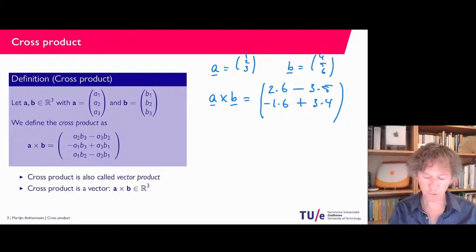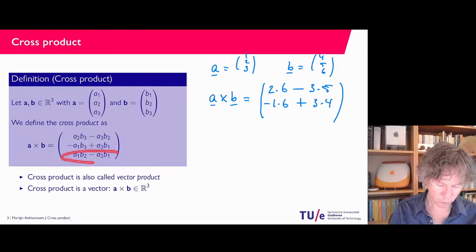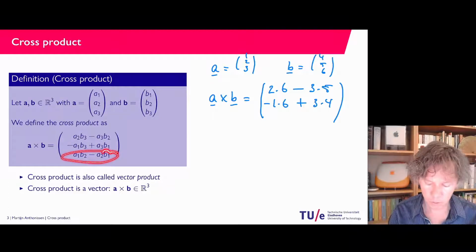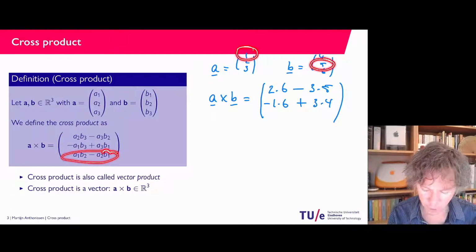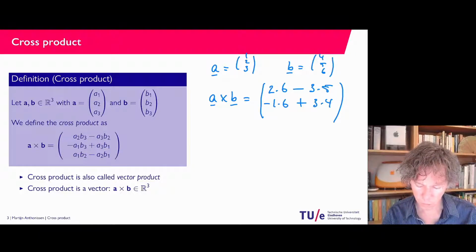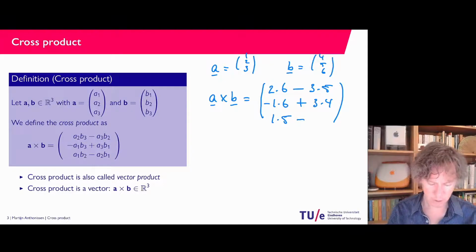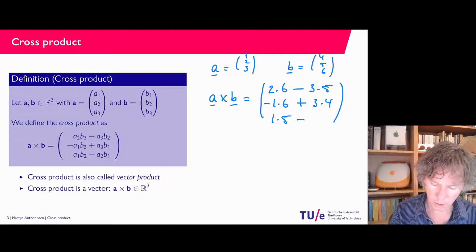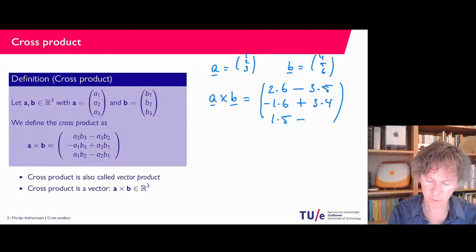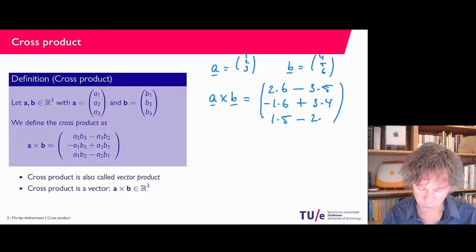And then finally for the third component of the cross product, we use A1 B2, so 1 times this 5, minus, and then here we get A2 times B1, so 2 times 4.